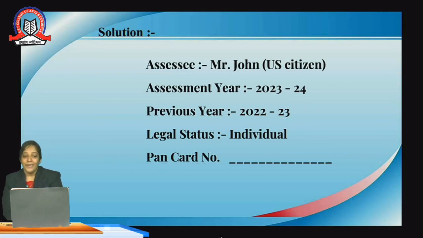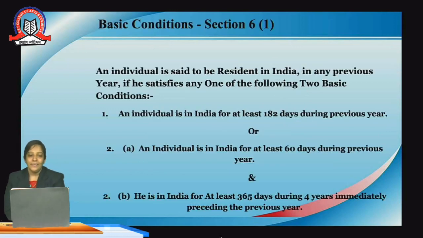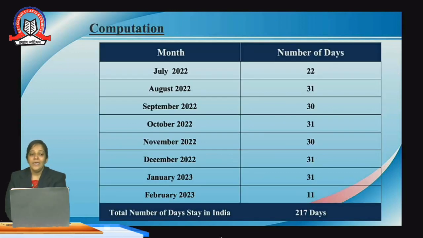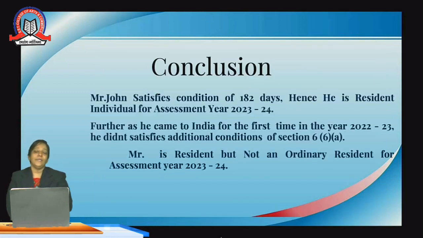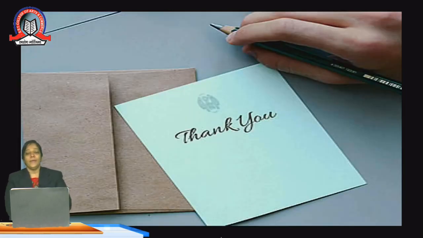We need to write the details of the assessee, then we need to write the basic conditions as per section 6 subsection 1, and then we need to do the calculation, and finally we need to give the conclusion. So in this way the residential status of an individual is determined. I hope this particular topic is clear to all. Thank you.